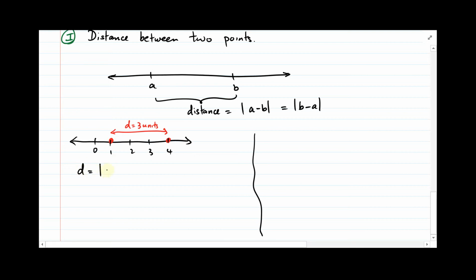If I'm looking at it, I could do 1 minus 4, which would be the absolute value of negative 3, but the absolute value of negative 3 is 3.